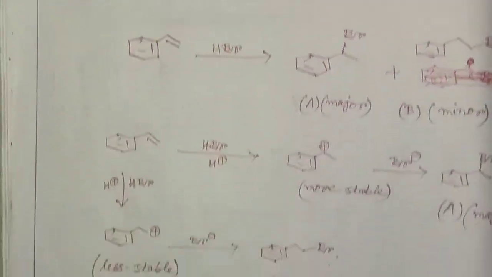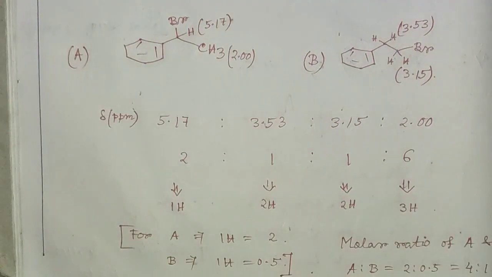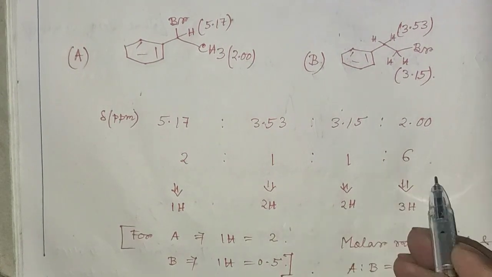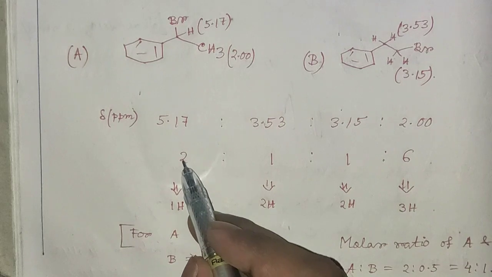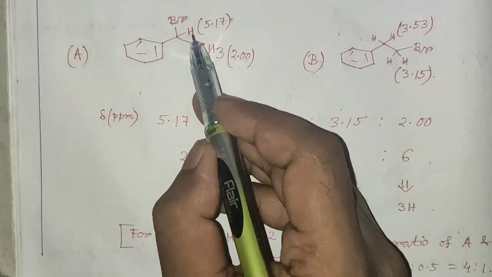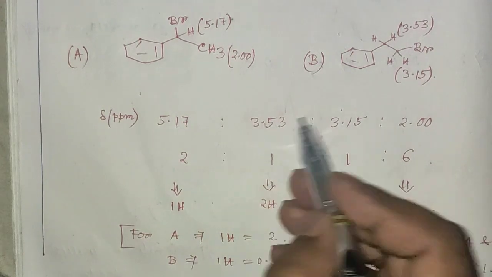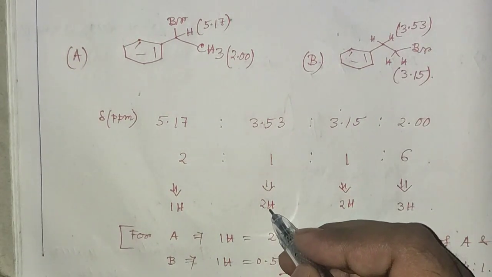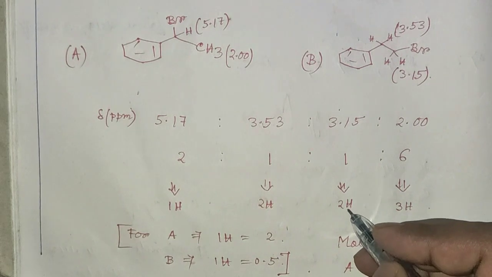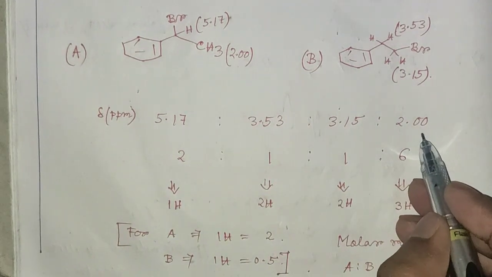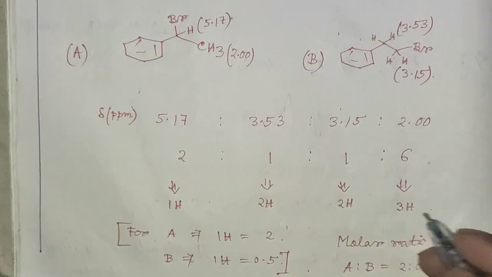I have written it here. Now we can see that the 5.17 value corresponds to 1 hydrogen atom, 3.53 corresponds to 2 hydrogen atoms, 3.15 corresponds to 2 hydrogen atoms, and the 2.0 value corresponds to 3 hydrogen atoms.